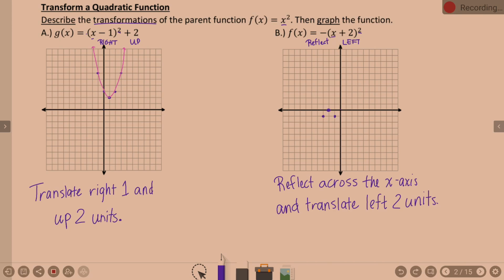And where's the next set of points? Over 2, down 4. Okay? And I don't care how your parabola looks as long as your points are there. That's the thing. I'm always going to be looking for your points.